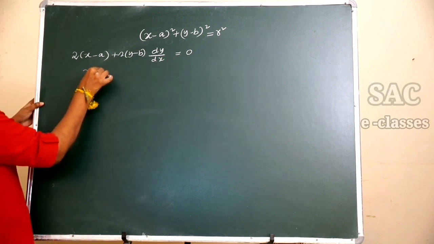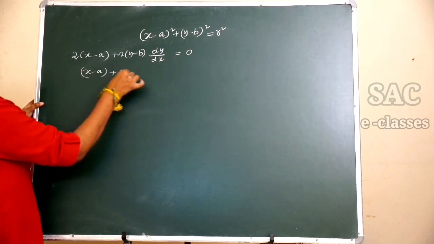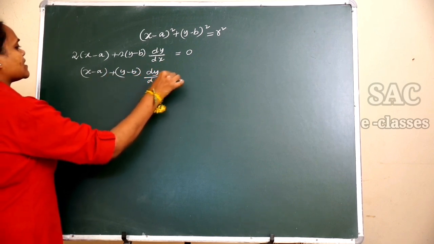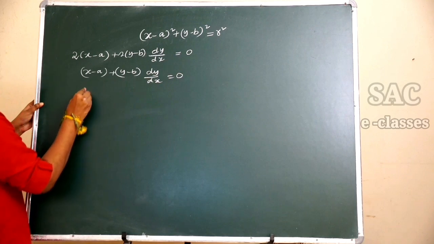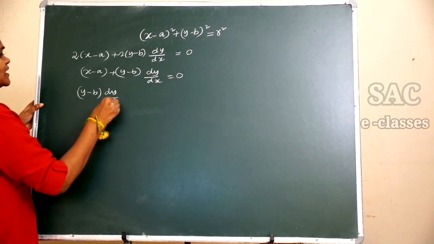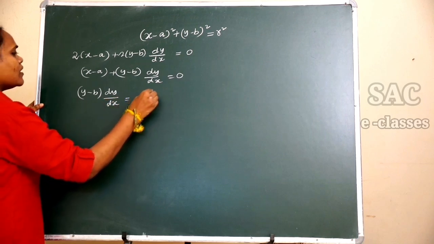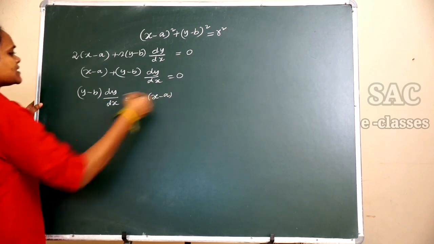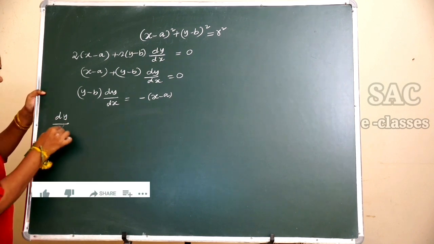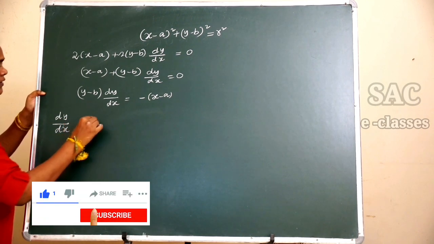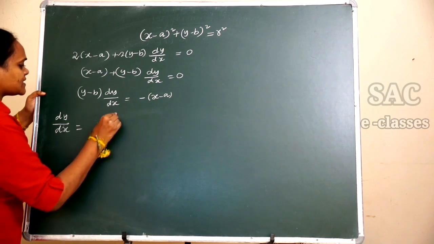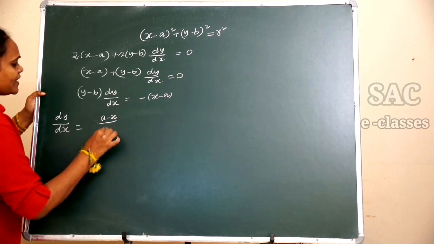So x minus a plus y minus b into dy by dx is equal to 0. y minus b into dy by dx is equal to minus x minus a. Obviously, you can write dy by dx is equal to minus, so let me express this as a minus x is better, over y minus b.